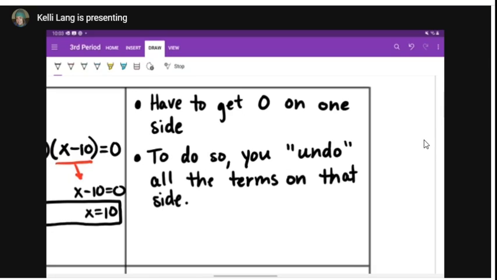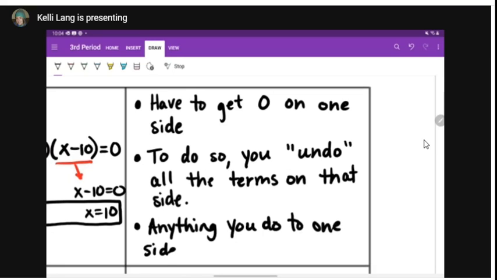Maybe you need to make a note to yourself that anything you do to one side, you have to do to both sides. Maybe sometimes you find yourself forgetting that. So you might want to make yourself a note: whatever you do to the left, you have to do to the right. Whatever you do to the right, you have to do to the left. So make yourself some notes that might help you on a problem like this.